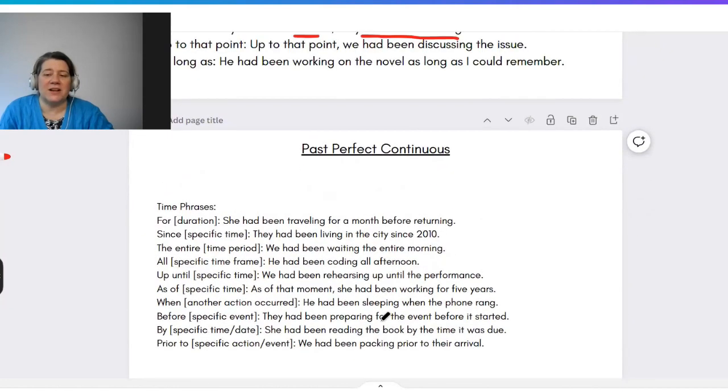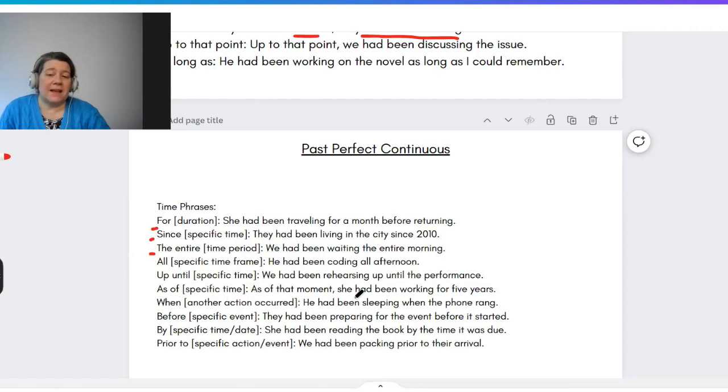All right, some time phrases we might use are for, since, the entire time. We had been waiting the entire morning. All, up until then, we had been rehearsing. As of 3 o'clock, or as of that moment, she had been working for 5 years.